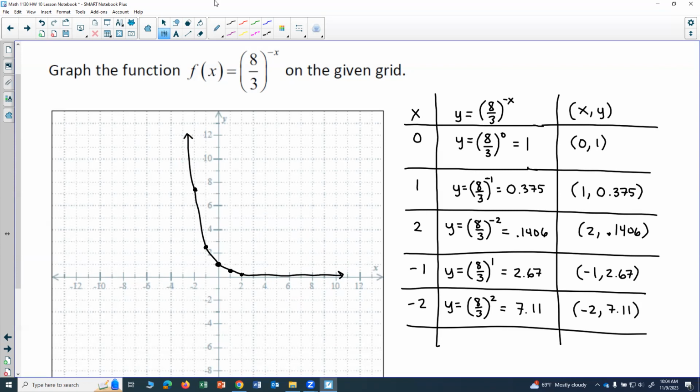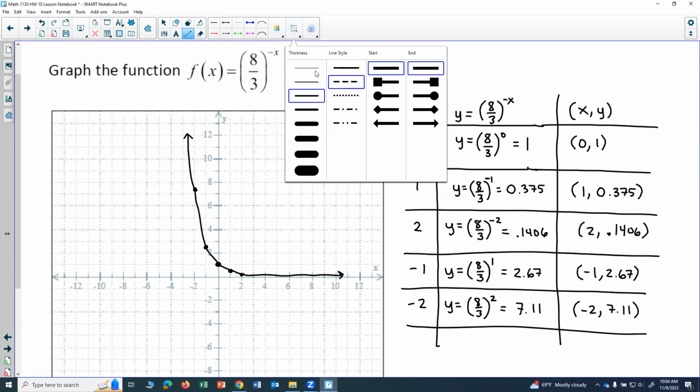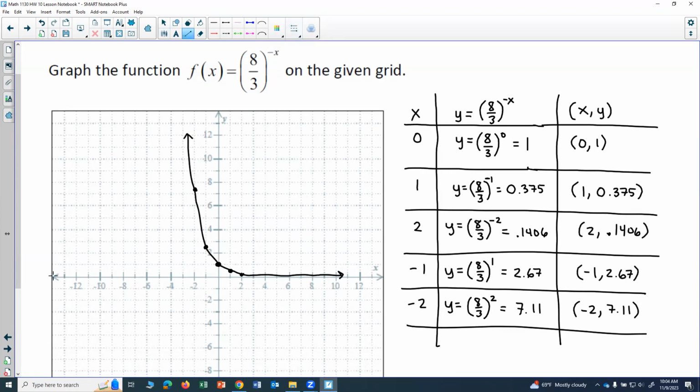And so if you wanted to graph the horizontal asymptote, what you would do is you would just select a dotted line. Let me grab a dotted line there. And you would actually draw it in to show that the graph doesn't actually cross there. So this would be the graph of f of x equals 8/3 to the -x, and the horizontal asymptote y equals 0.